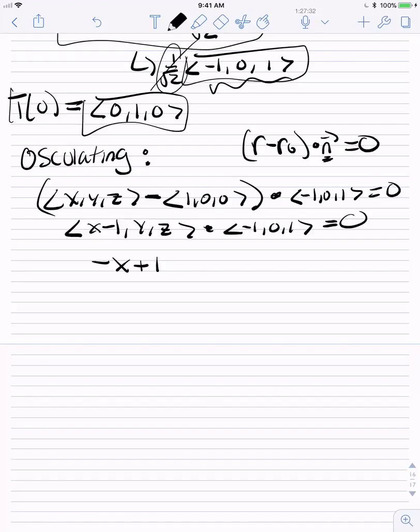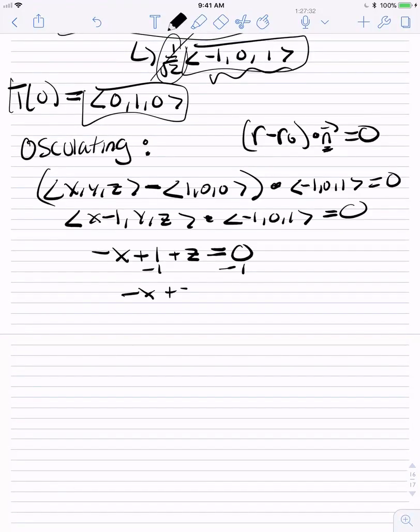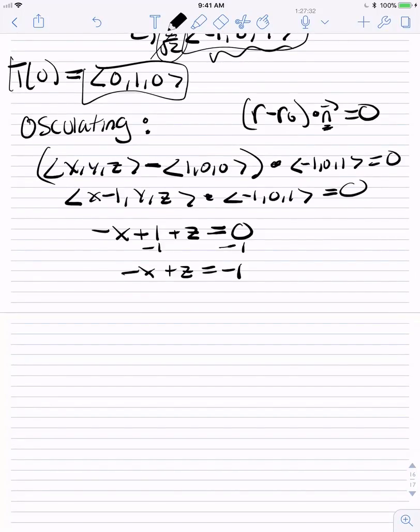There's no y, and we're getting a positive z, and that's equal to 0. So we can subtract negative 1 from both sides. We get negative x plus z equals negative 1. If we wanted that negative 1 to be positive, we can multiply by negative 1 on both sides, leaving us with x minus z equals positive 1. And that would be our equation of the osculating plane.